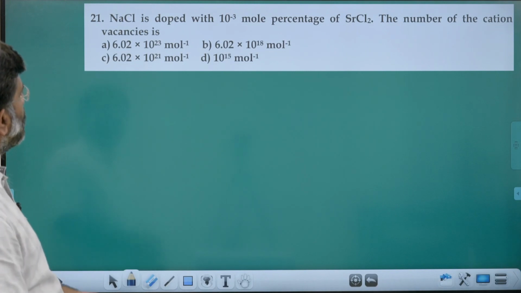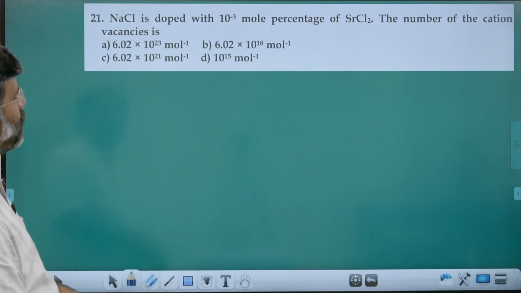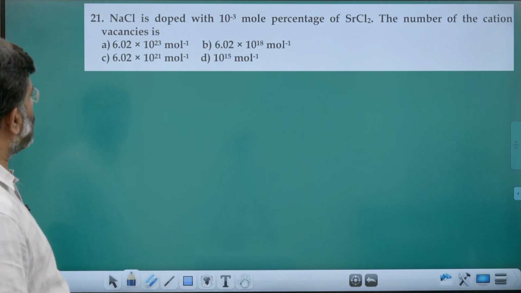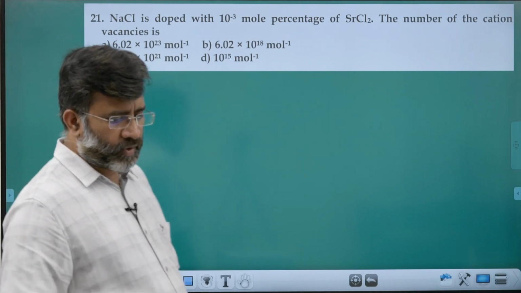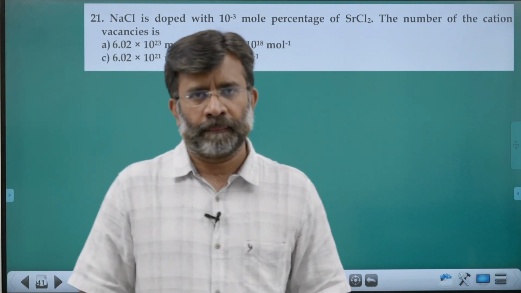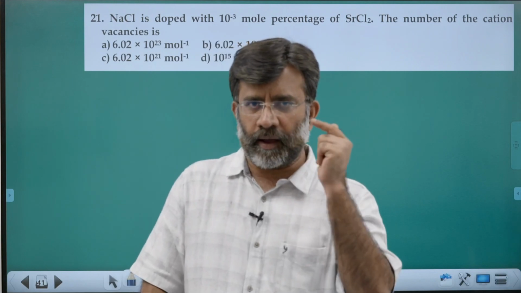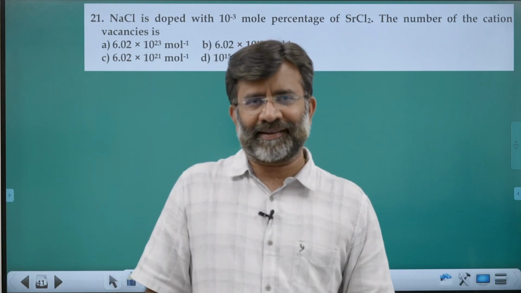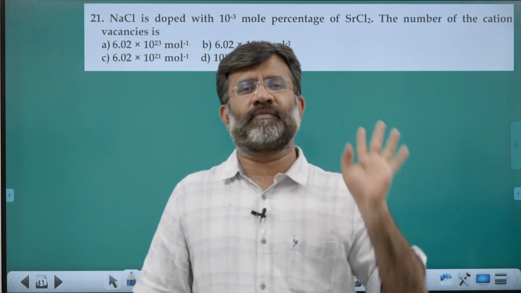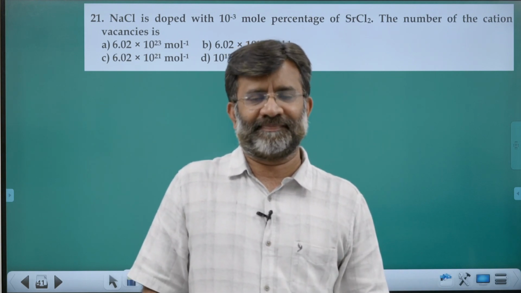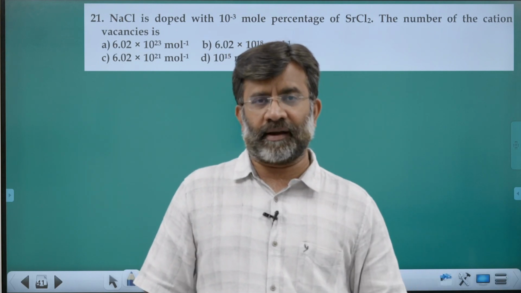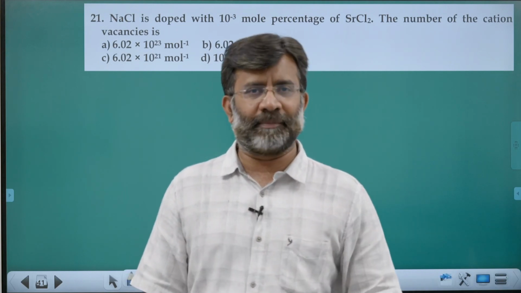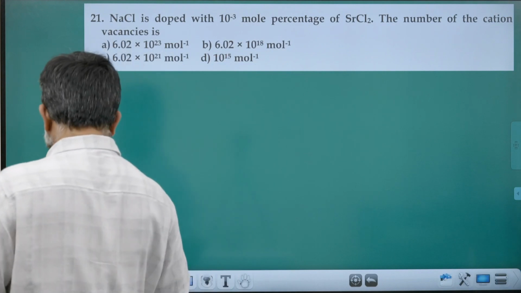NaCl doped with 10⁻³ mole percentage of strontium chloride. The number of cation vacancies is? My dear children, all of you know, when 2 Na plus are removed from the crystal, 1 strontium will replace.